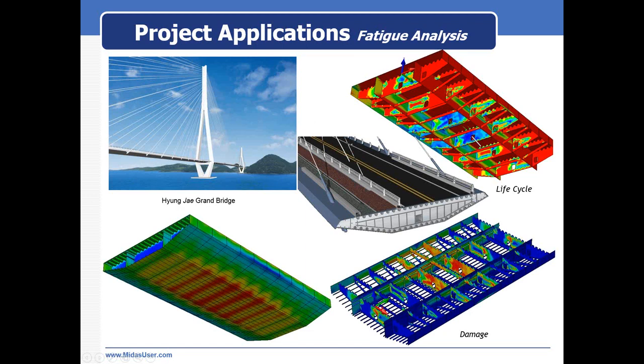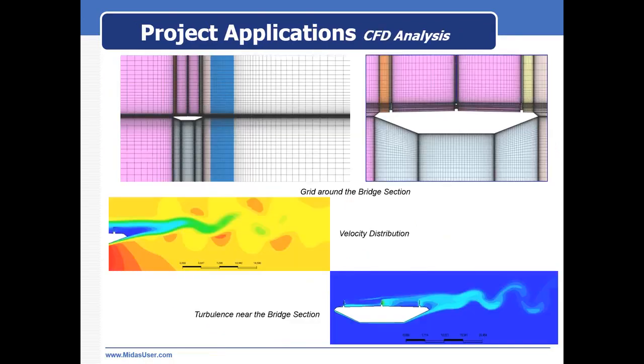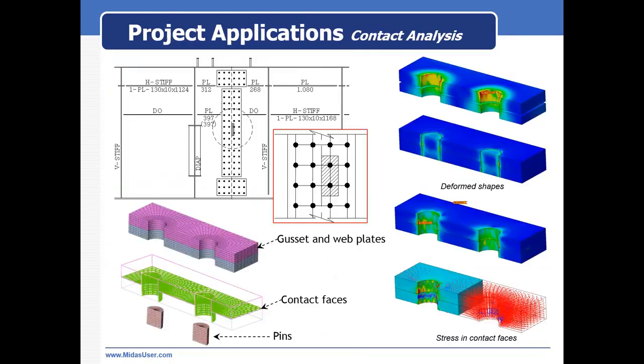For exact stresses due to fatigue and to see the exact member which is failing due to fatigue, we need to perform the analysis for fatigue itself, and that can be done in Midas FEA. This is project application of CFD, project application of contact analysis. We'll see this in detail later on while discussing the analysis capabilities.